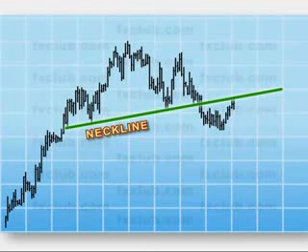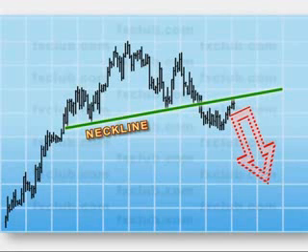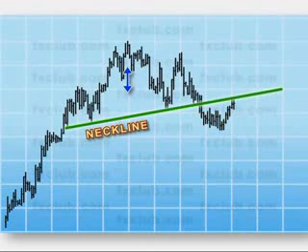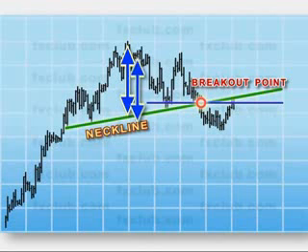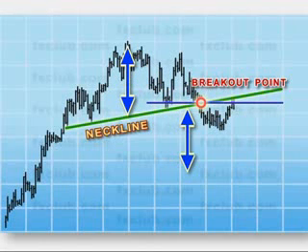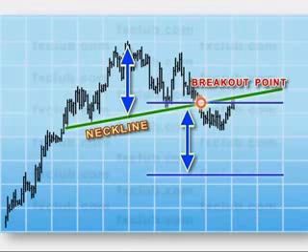There's an almost obligatory return to the broken support from below, as if retesting its strength, and then price heads south. And the price target? It's the height of the head. Chart it like this. Drop a perpendicular from the maximum on the head down to the neckline. Then project the same distance down from the neckline.